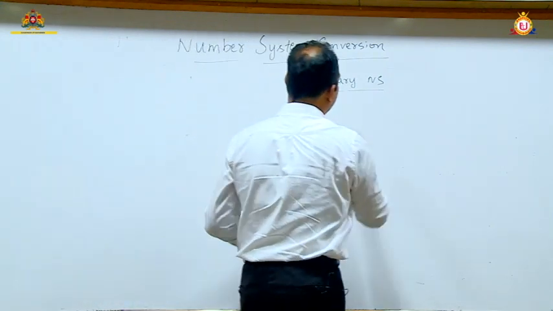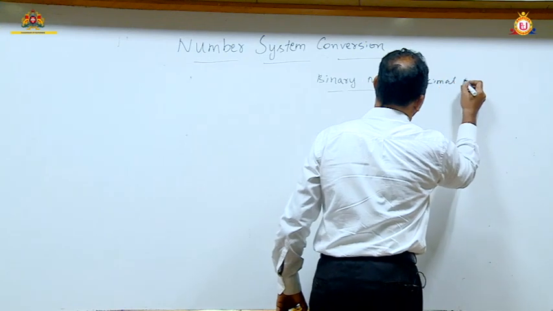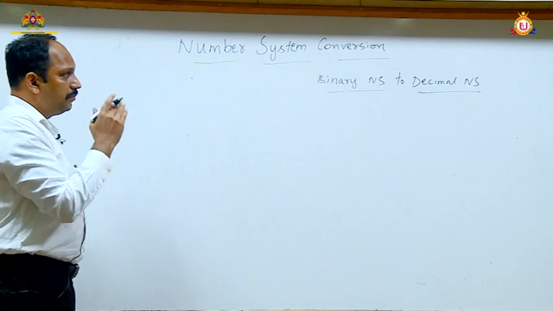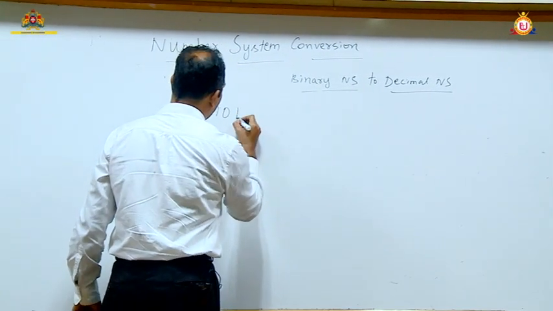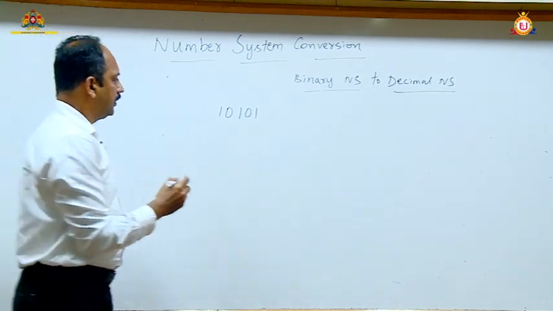So now binary number to decimal number system. So from binary number to decimal, let me take an example. 10101 is the binary number.